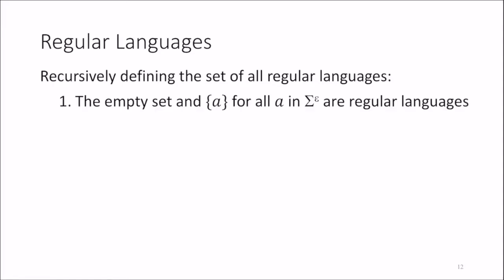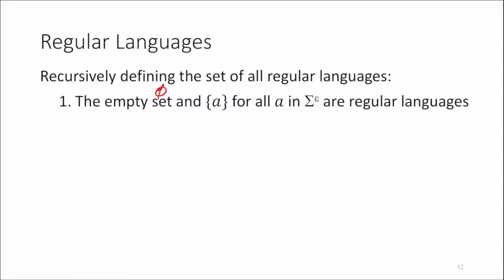So the base case for this recursion is the empty set. So the empty set here stands for a null set of strings. So basically a regular language that is degenerate doesn't recognize anything. Right? So that's not very useful for us.